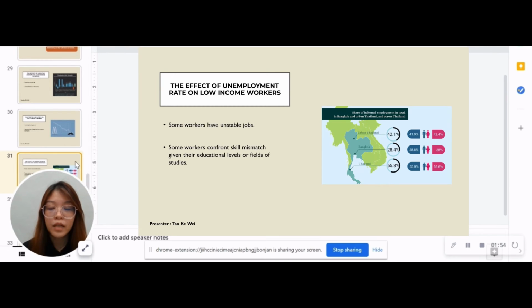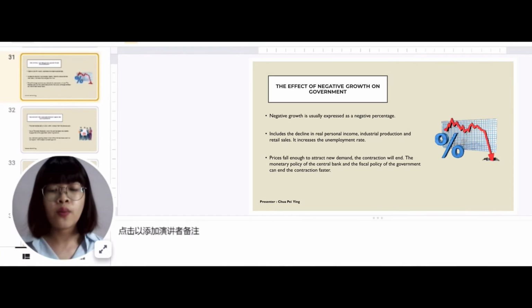Okay, so now we are coming to the effect of negative growth on government. Negative growth is also used to refer to a country's economic contraction, which reflects the decline in gross domestic product, the GDP, in any quarter of a given year.